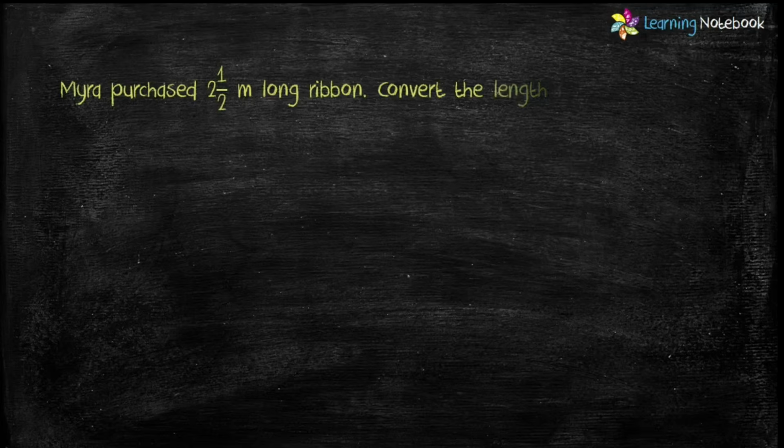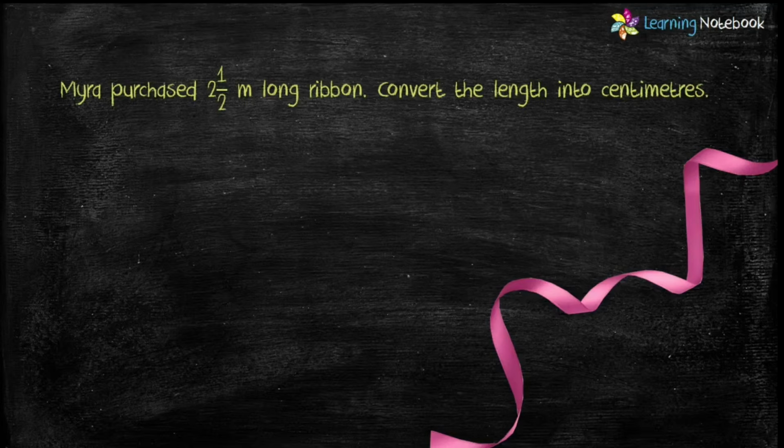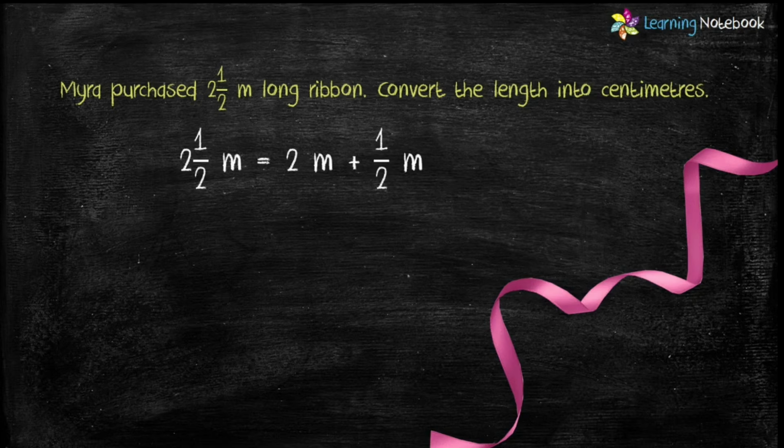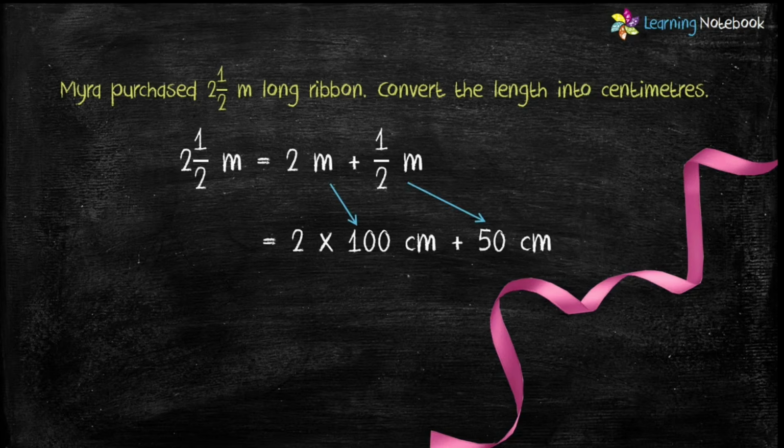Next question is, Myra purchased two 1/2 meter long ribbons. Convert the length into centimeters. In this question, we have to convert meter into centimeter. Students, 2 1/2 meter means 2 meter plus 1/2 meter. To convert 2 meter into centimeter, we will multiply by 100 and 1/2 meter equals to 50 centimeter.